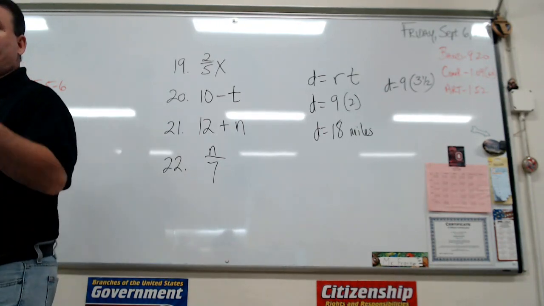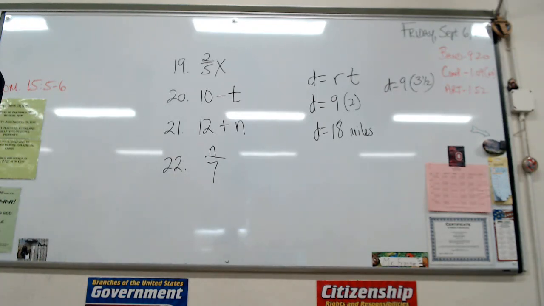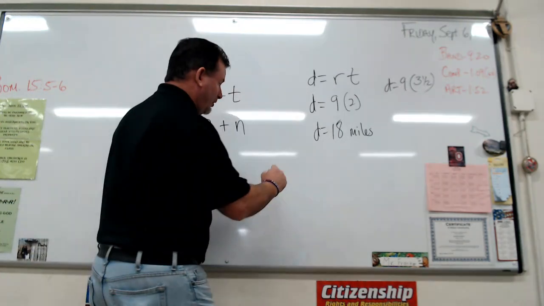Another example might be you go into an amusement park. The admission is $2. Each ride is $1. Does this one make more sense to you? You go into an amusement park, the admission price is $2.